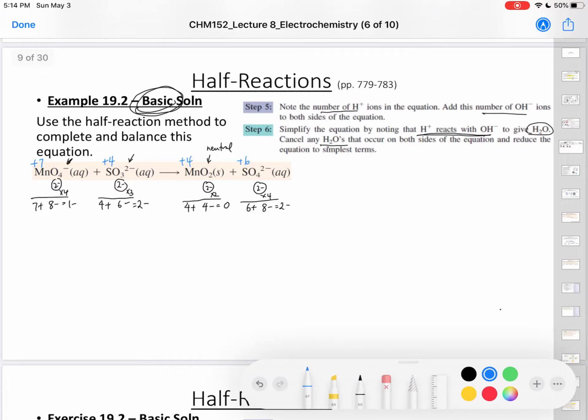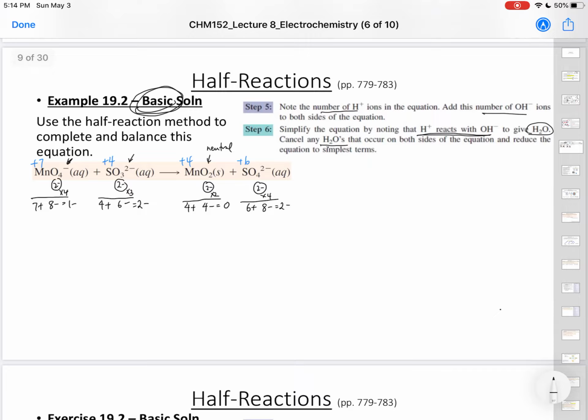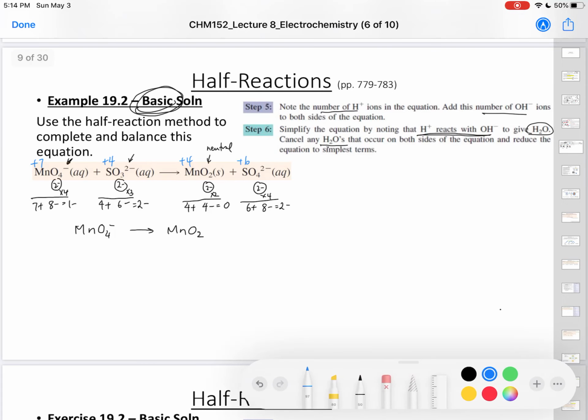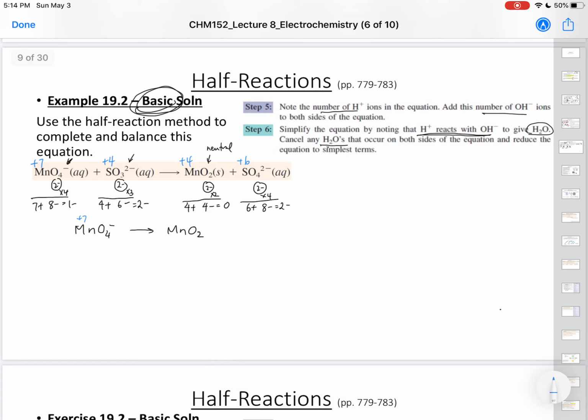Now we're going to bring down everything that we were looking at before. So we have MnO4 minus, and it becomes MnO2. And remember, this is 7 plus going to 4 plus. So to balance it, we need to add 3 electrons to this side: 3 minus 7 plus is 4 plus.